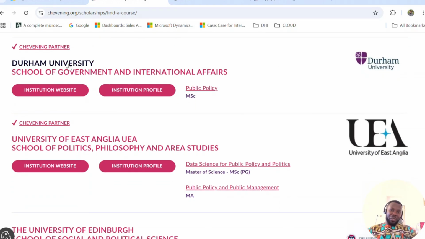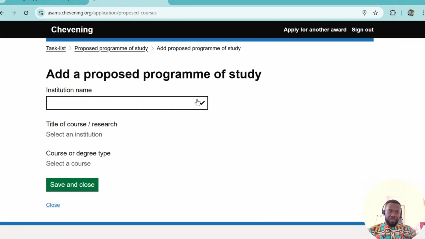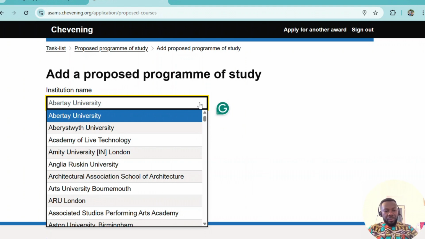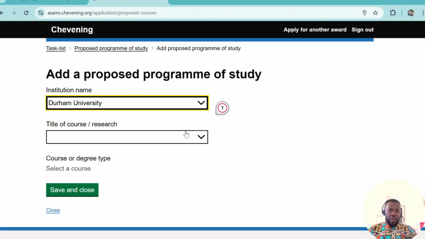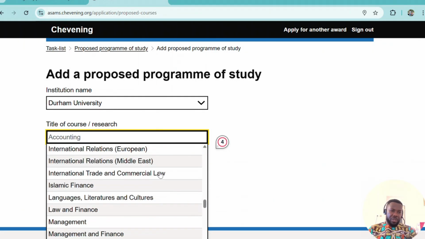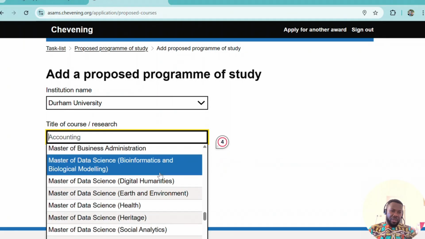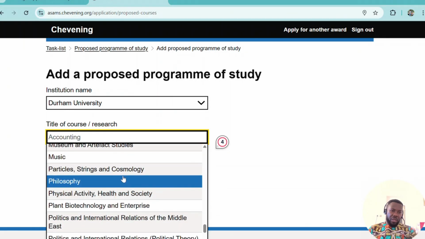Durham University. Yes, I will go for this one. Public policy at Durham. And the courses are... Okay, you can see it's not here.